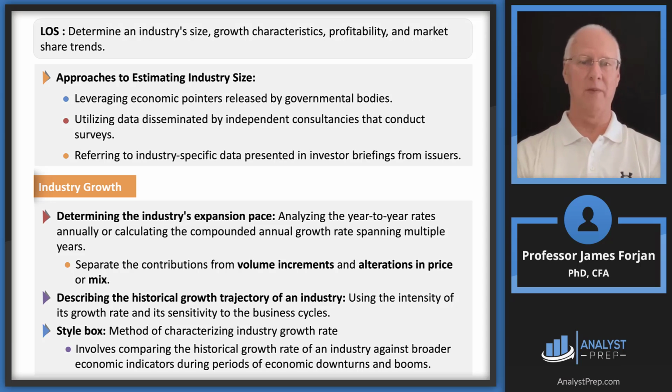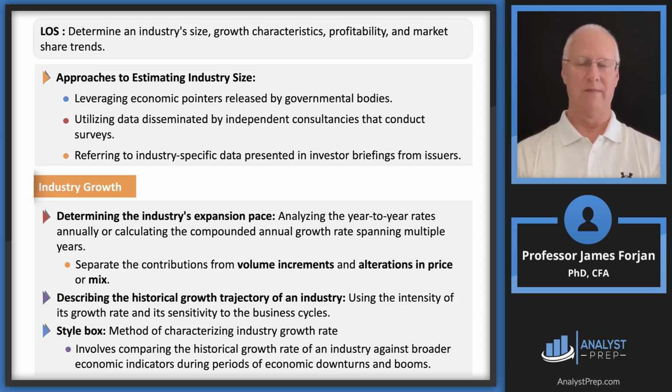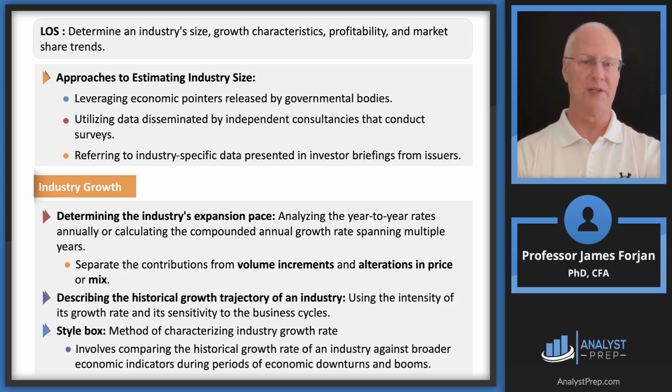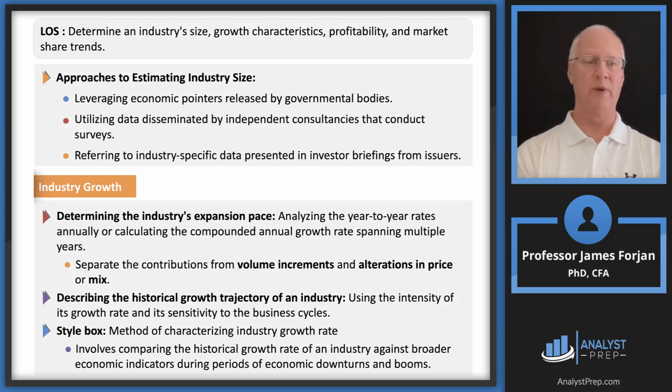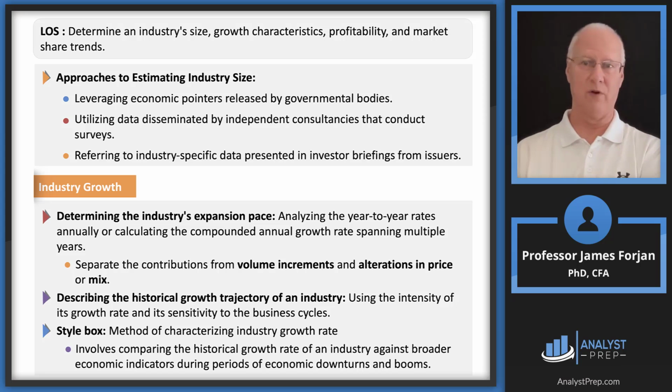So how do we determine the industry's expansion pace? Well, we can clearly go to the individual company's balance sheet and income statement and then put them in an Excel spreadsheet and then copy and paste and do a sum. We can do all that kind of stuff. So we can take a look at history and we can say, all right, if history repeats itself, then we're going to have this estimate of growth rate.